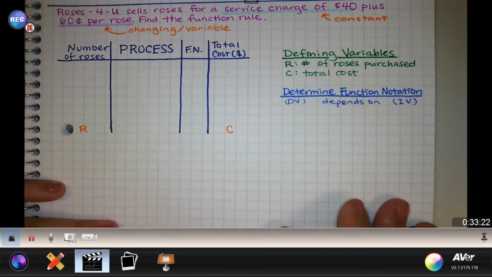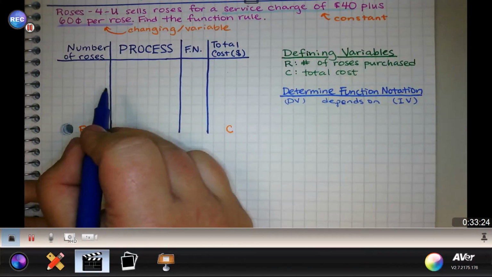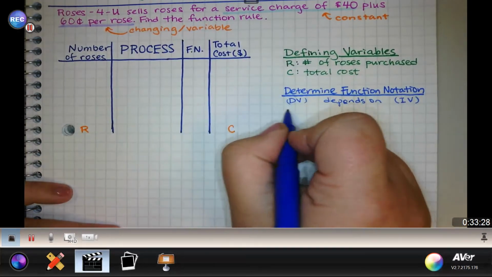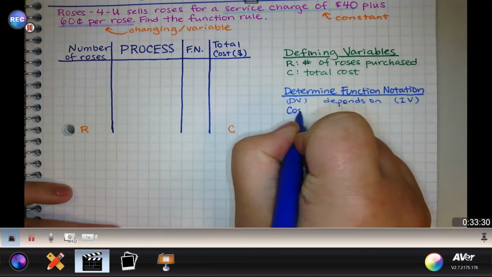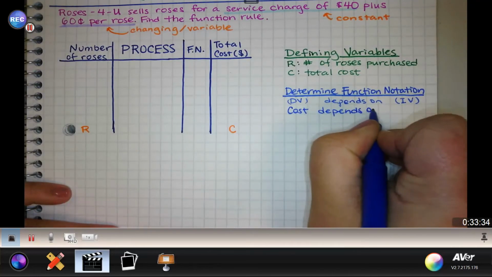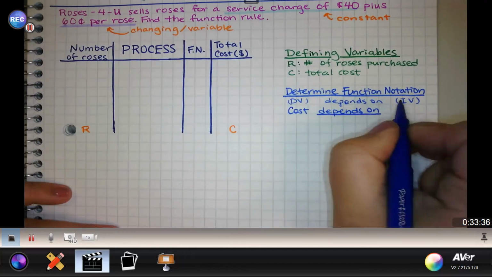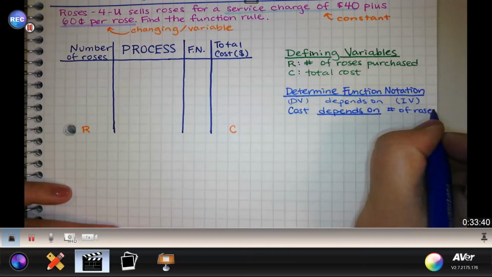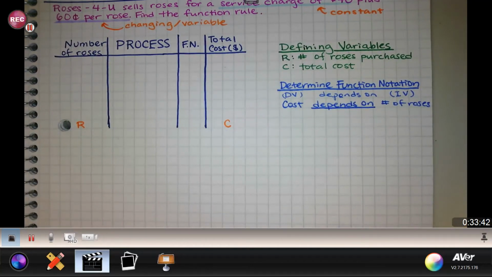Okay, so here's what I'm going to do. I'm going to write this out. DV is total cost. I'm just going to abbreviate it to cost depends on number of roses, and I'll just leave off the whole purchased because I'm trying to make it short. Okay, cost depends on number of roses. Great.